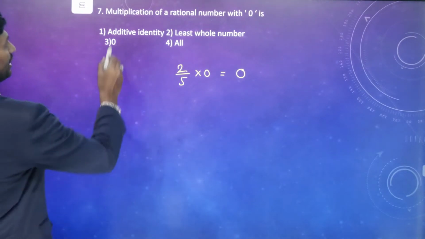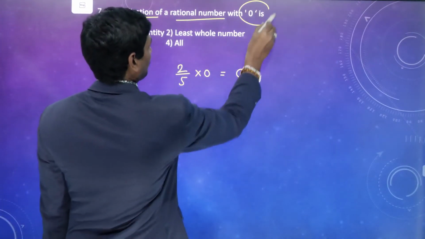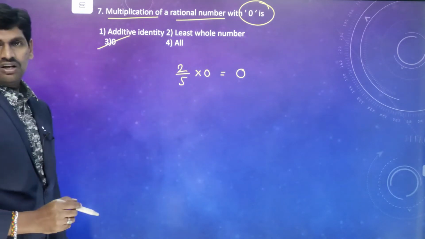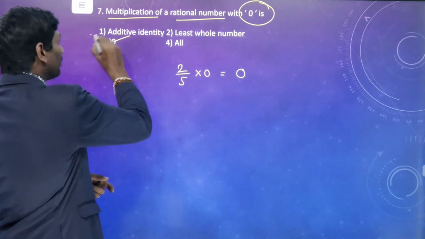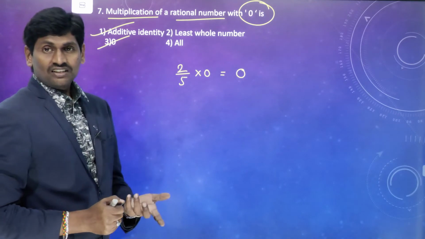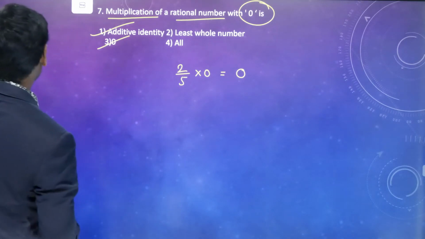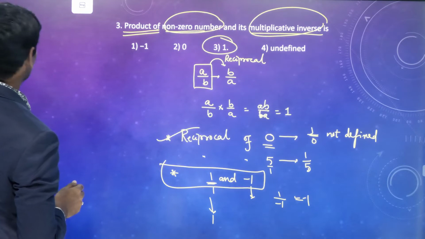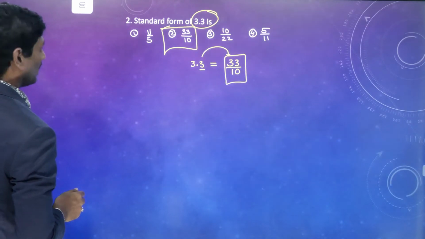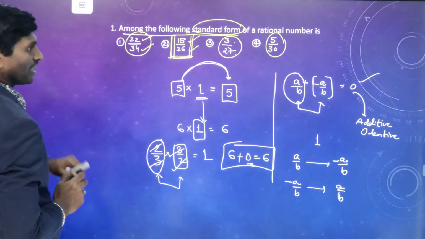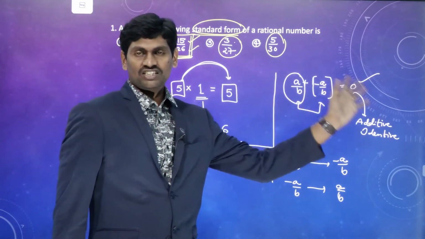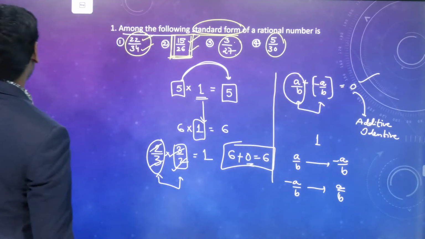So multiplication of a rational number with 0 gives 0. And we have already discussed, 0 is nothing but the additive identity. In our previous class, just 2 minutes before, we discussed additive identity and multiplicative identity. Additive identity is 0. Multiplicative identity is 1.